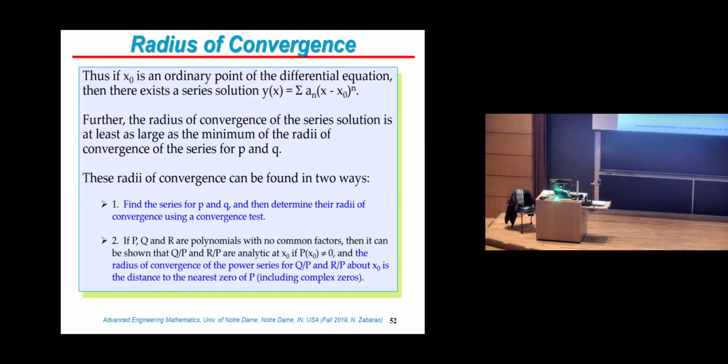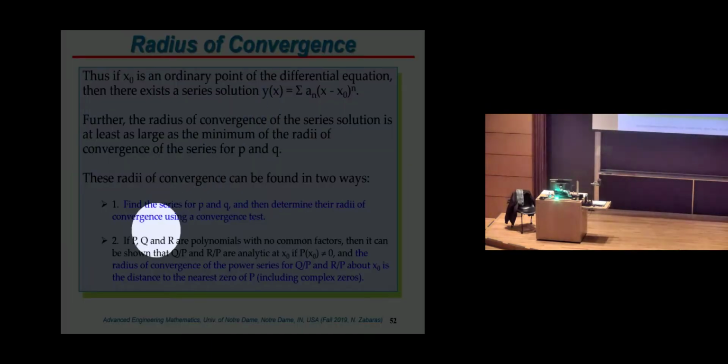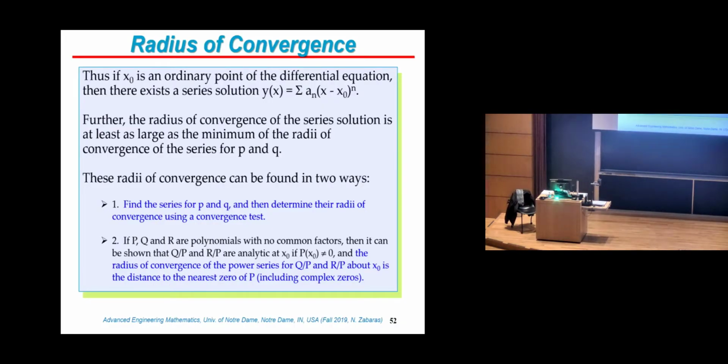So remember that these functions, little p and little q, are really the ratios of capital Q over P and capital R over P, and we assume that P of x0 is not equal to 0, right? So when we divide, if you look at P of x, for example, it can be a polynomial, it can be anything, and it possibly has some roots, right?